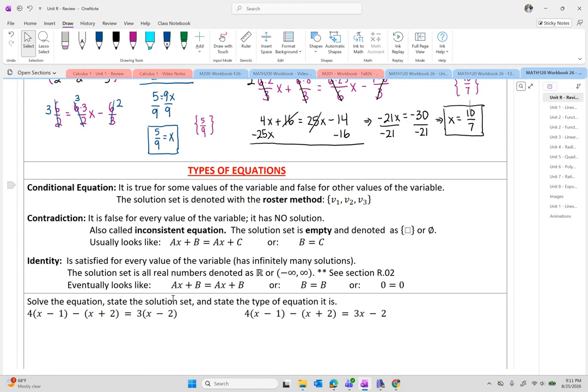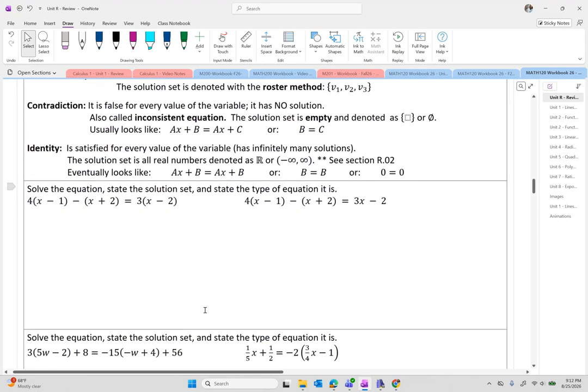When you are solving a contradiction, you will usually reach a stage where you have on both sides the same variable term but different constant terms. If you try to eliminate a variable term, you will end up with b equals c, and the b and the c will be different, or you will end up with 0 equal to something that is not 0.